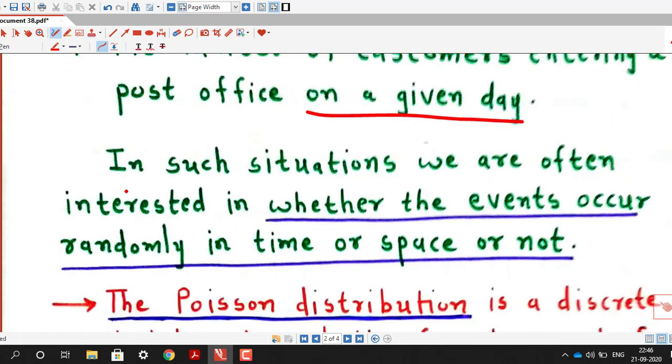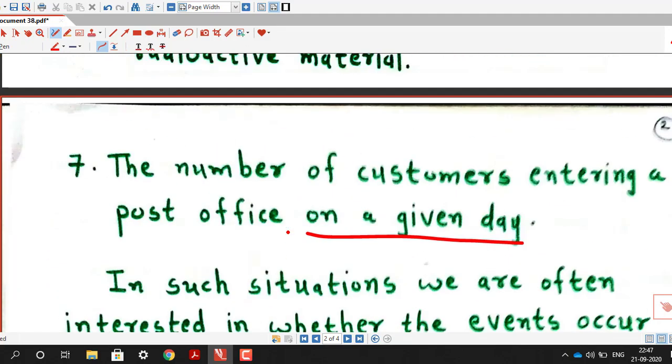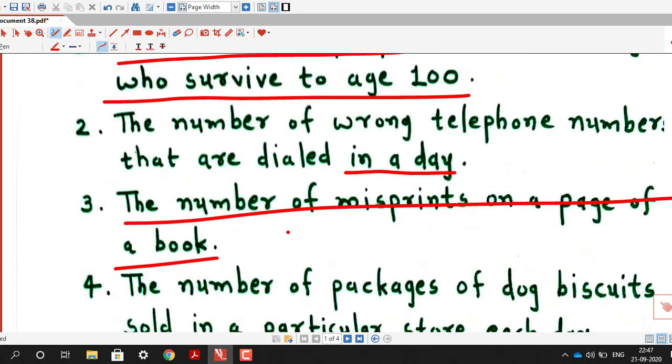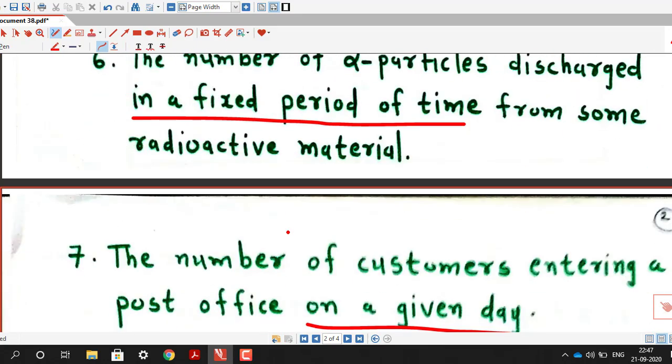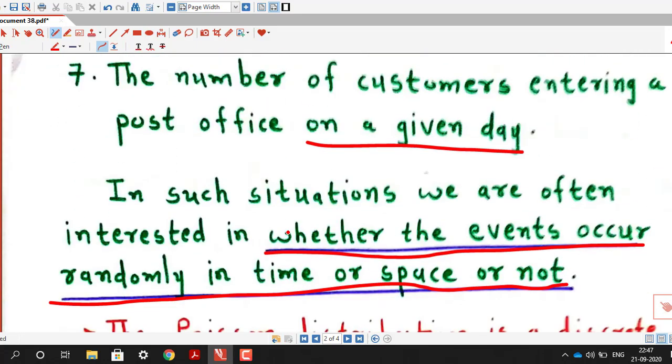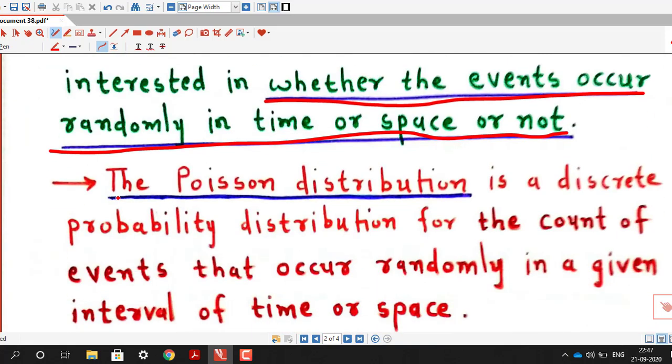So in all these situations we are often interested in whether the events occur randomly in time or space. In these situations the probability distribution which we can apply is the Poisson probability distribution.